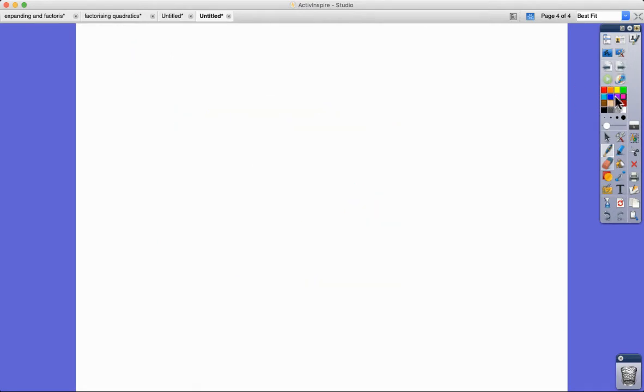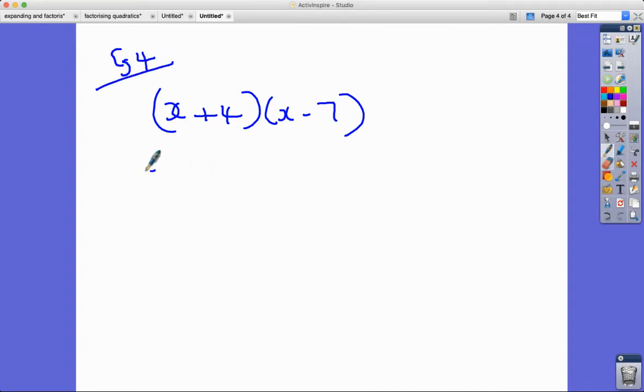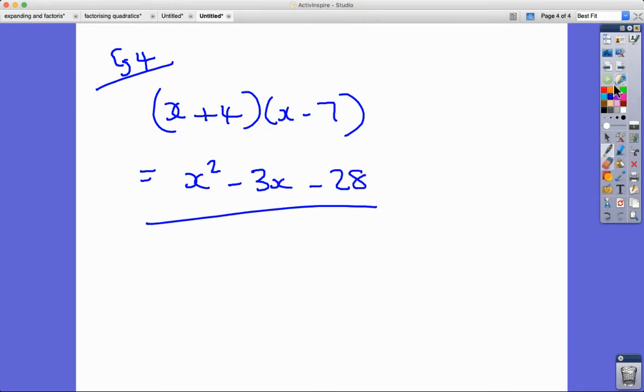So let's have a look at doing one super quickly without doing the smiley face method then. Let's try this: x plus 4, x minus 7. So this is example 4. We've got x squared. Now 4 subtract 7, if we're going to use that method, is minus 3x. And then we've got minus 28. This might be useful in general.